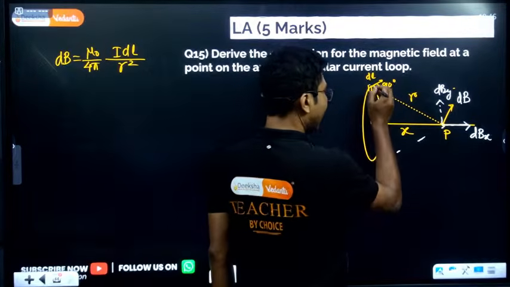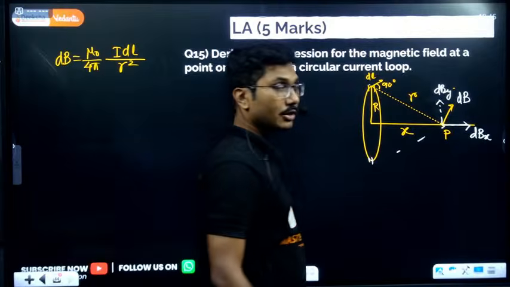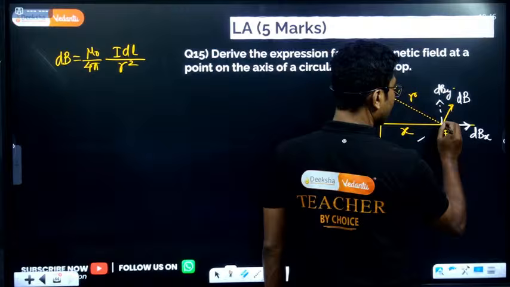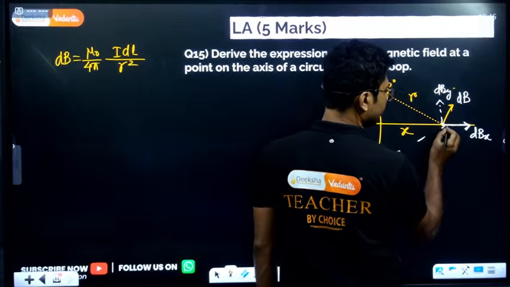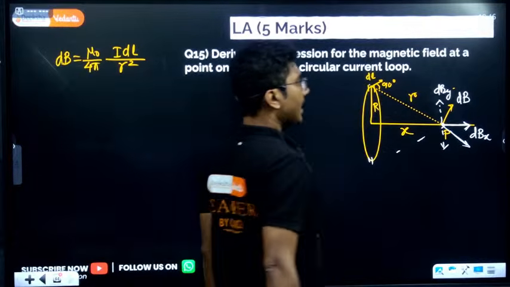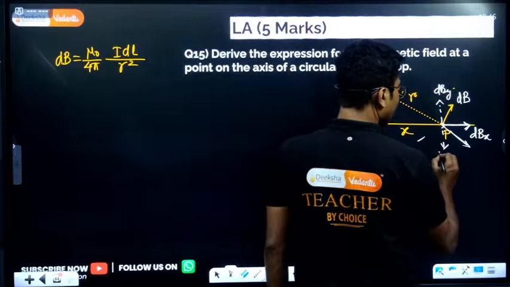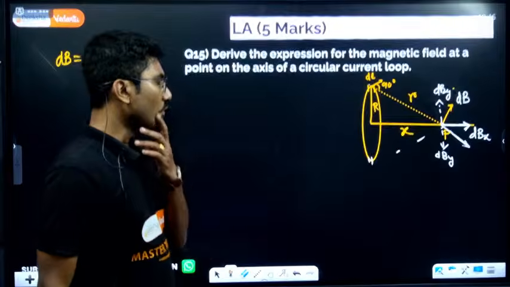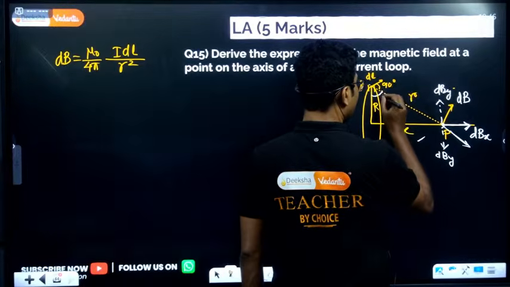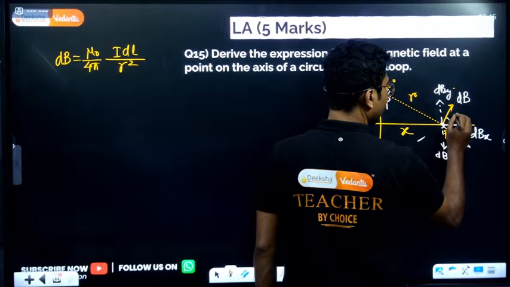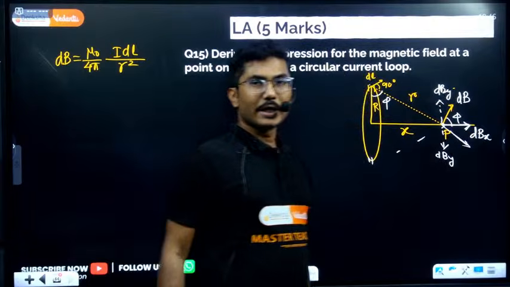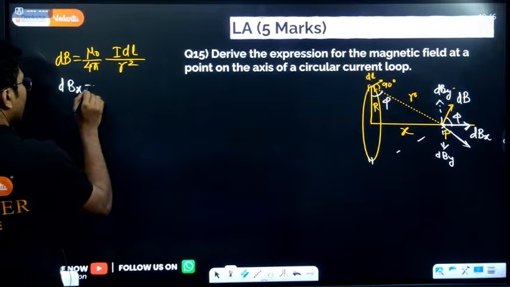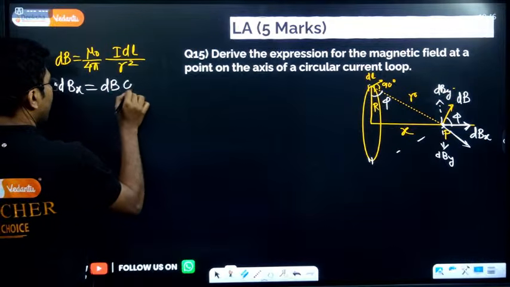If you consider a point which is diametrically opposite, dBx will be in the same direction, but dBy will be in the opposite direction. So dBy cancels in both cases, but the dBx's add. If this angle is phi, this angle will also be phi, and dBx, which we want to find, will be dB cos phi.